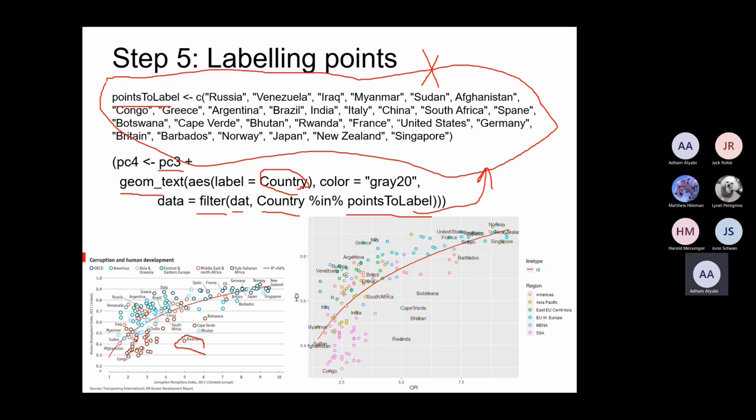At the end of the day, if you want a perfect answer, you probably have to do some hands-on, hand adjustment to this. But ggrepel would probably bring us very close to what we want. So we want to solve these issues that we see in here, and issues around here.